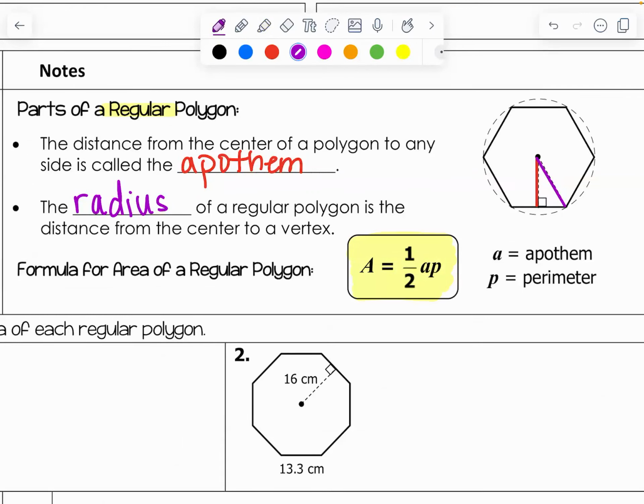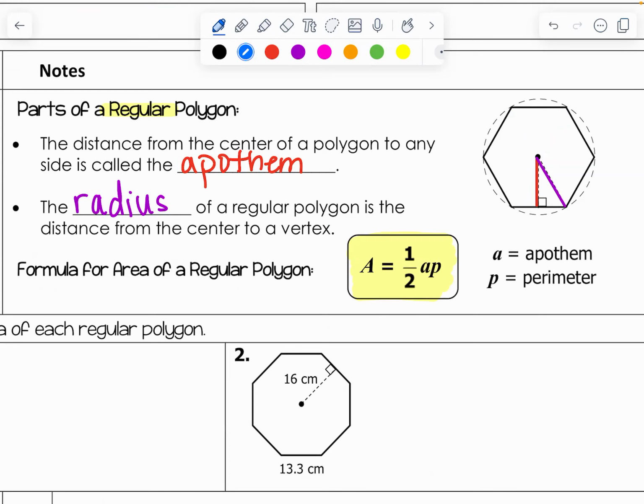So this formula breaks up your shape into triangles. The apothem is the height of each of those triangles, and the perimeter is the sum of all of the bases. So it's adding up all the triangle areas together. Instead of finding 6 triangles and adding them together, we can find the perimeter, find the apothem, and multiply them together times 1/2.